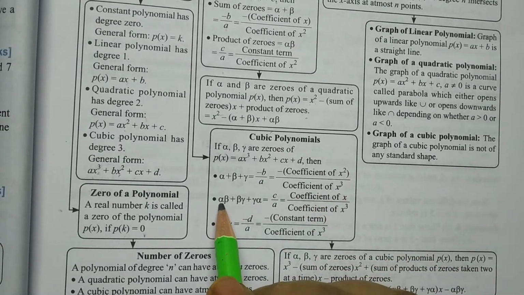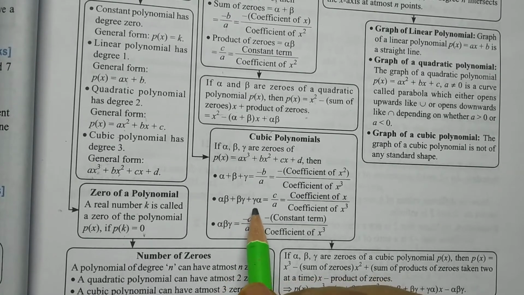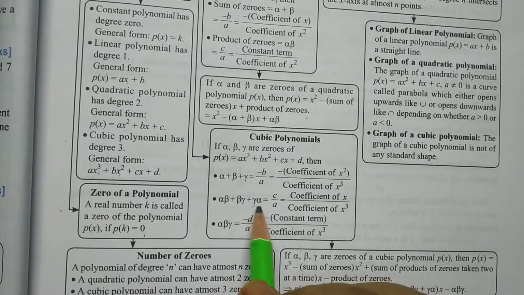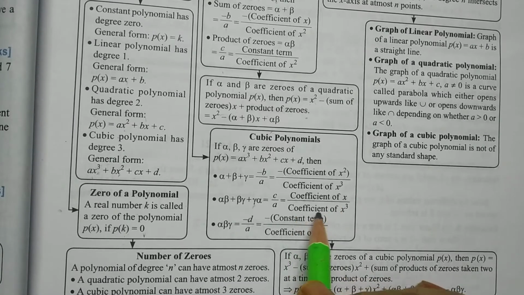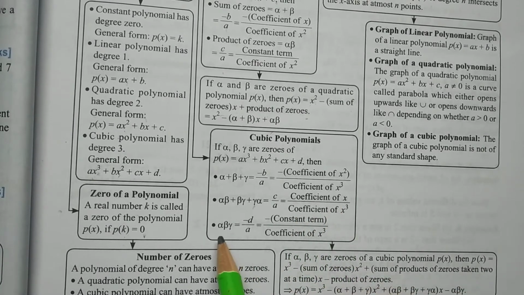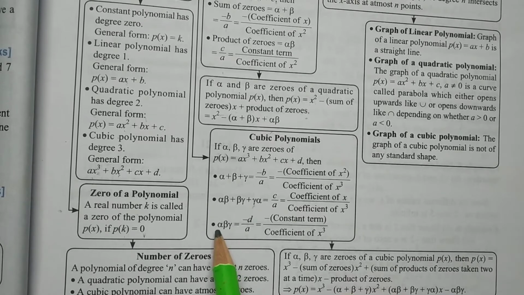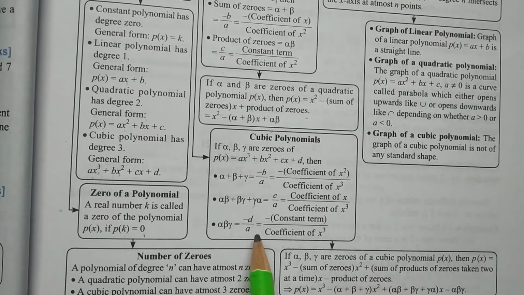Next, alpha into beta plus beta into gamma plus gamma into alpha is equal to c by a, means coefficient of x divided by coefficient of x cube. And alpha into beta into gamma, product of zeros, is equal to minus d by a, means minus constant term divided by coefficient of x cube.